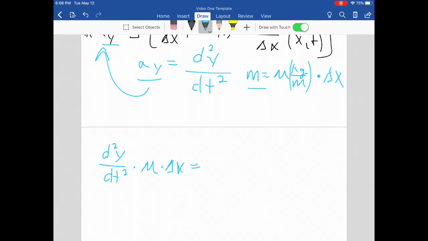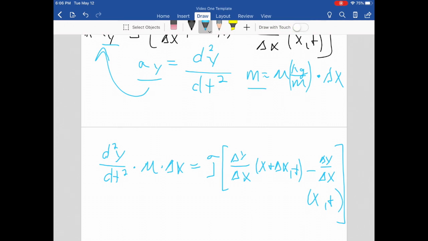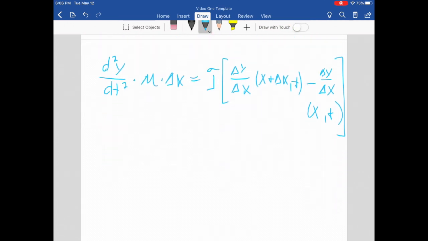And that's going to be equal to tau on the outside of the brackets times the quantity of delta y over delta x at x plus delta x in a given snapshot in time, minus delta y over delta x, again at x, also during some snapshot in time. Now from here, we can divide over the delta x that is on the left-hand side and move it onto the right-hand side.